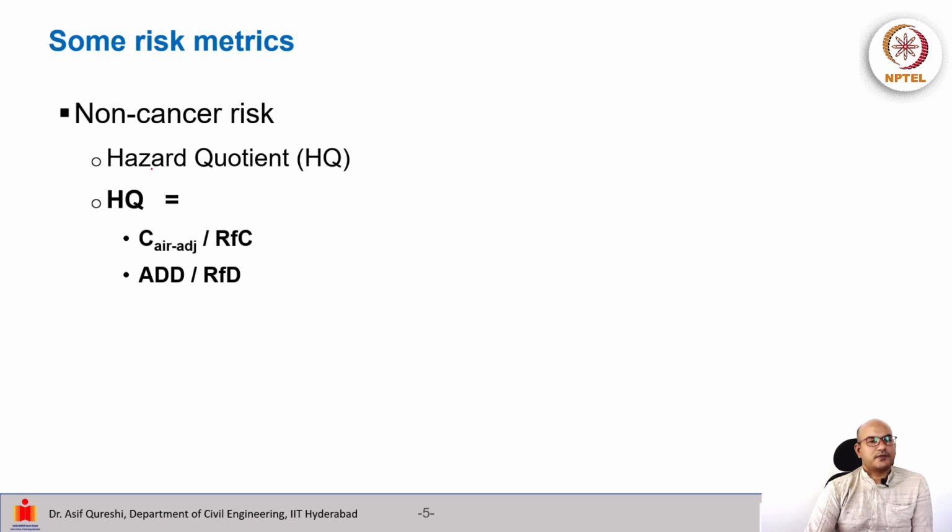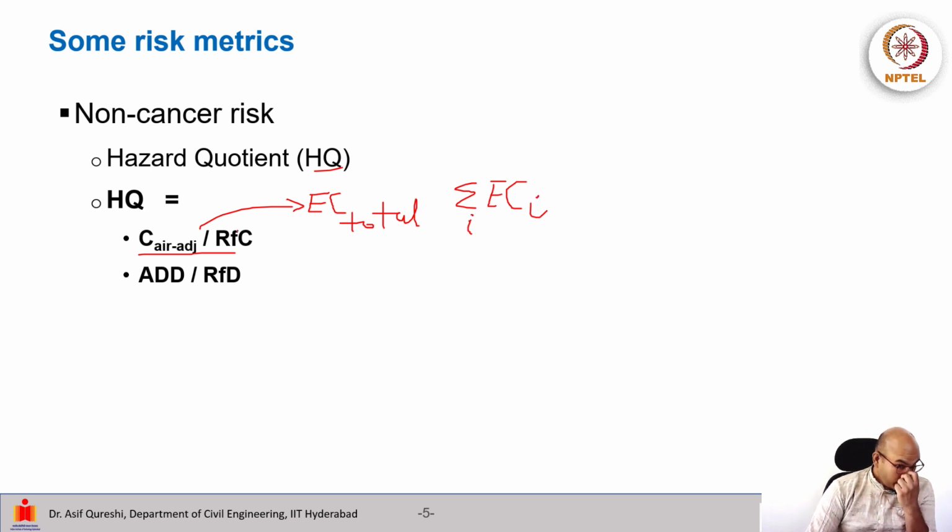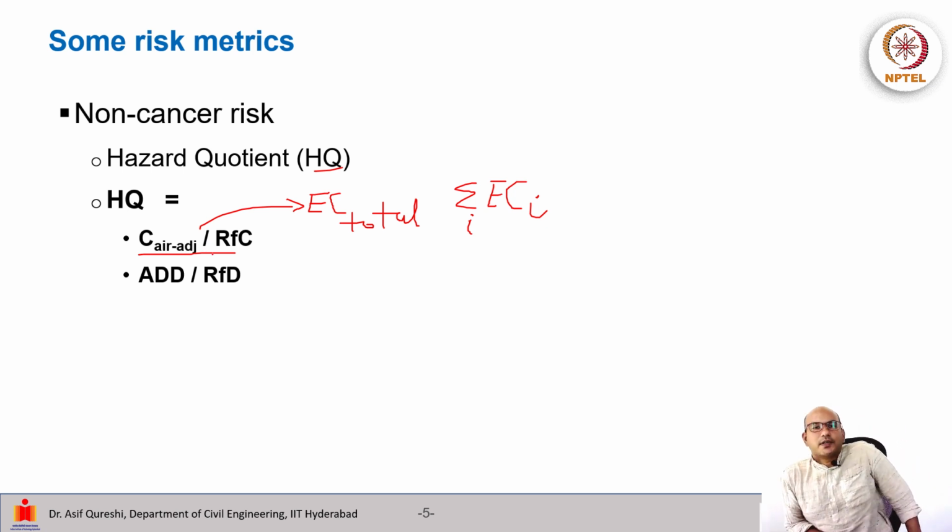For non-cancer risk, we will have a hazard quotient, HQ, which will be C air adjusted, which is basically the same as our effective concentration total, which is summation over i of EC_i, divided by the reference concentration. So how does our equivalent concentration compare with the reference concentration?